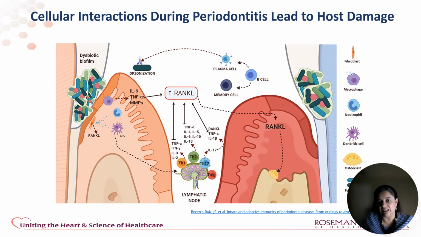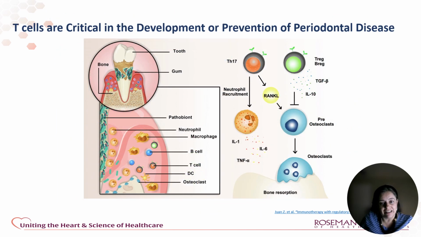Now, what is the role of T cells in all this process, and what is important to trigger their function? T cells act like a balance during oral health and disease. We have two main populations, Th17 and Treg cells. They are supposed to be in balance to keep the normal immune response in our oral cavity.